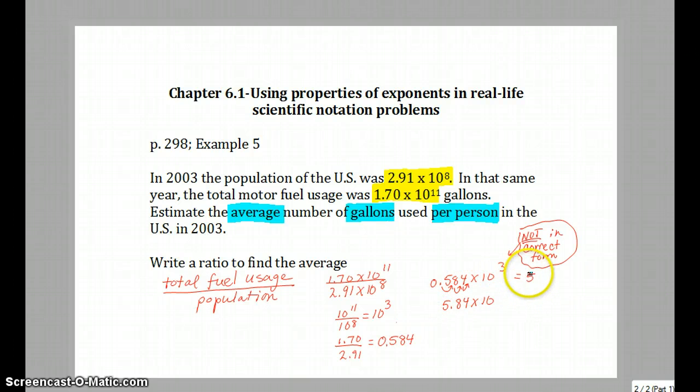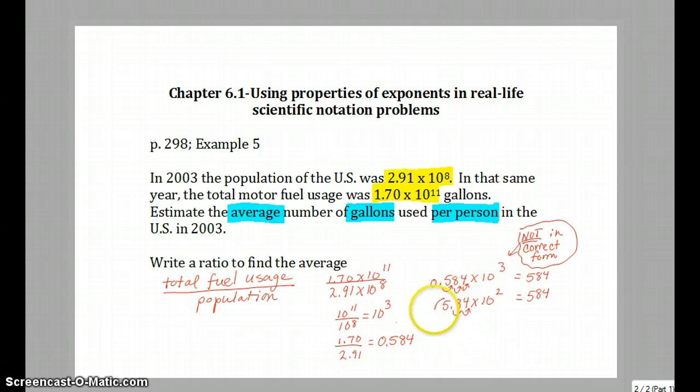So it's 584. We want to know what power we're going to multiply 5.84 times 10 to the what power to get 584. Well, it would be second power because you're moving it 2 places. You either go up from 10 to the 3rd to 10 to the 4th, or you go from 10 to the 3rd to 10 to the 2nd.